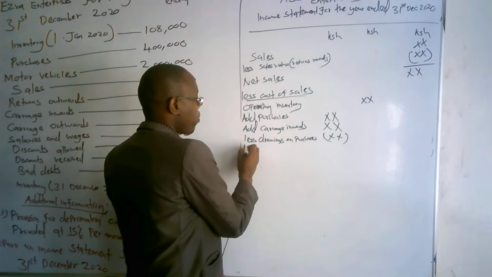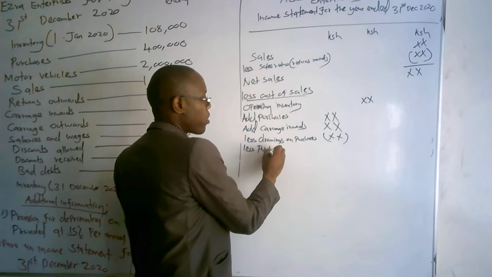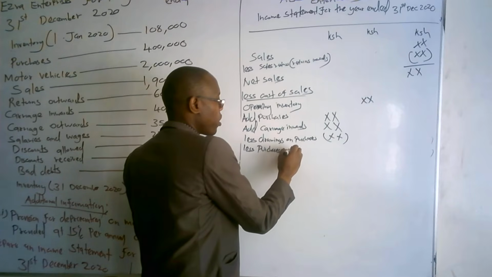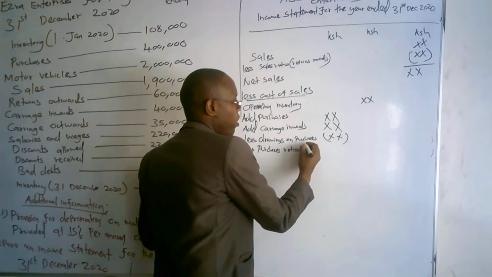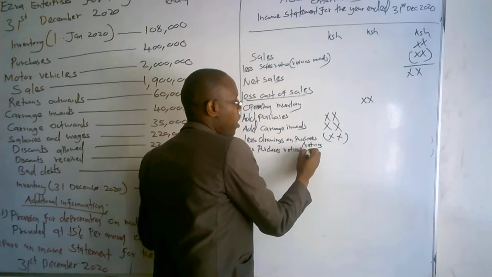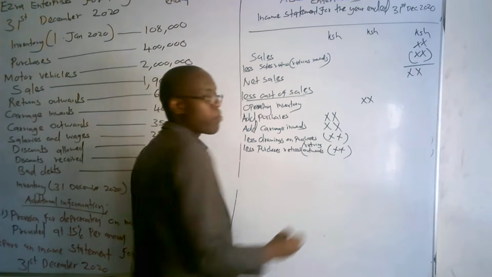And then again, we are going to less purchases returns. So purchases returns is what we call returns outwards. And again, that one must be subtracted.